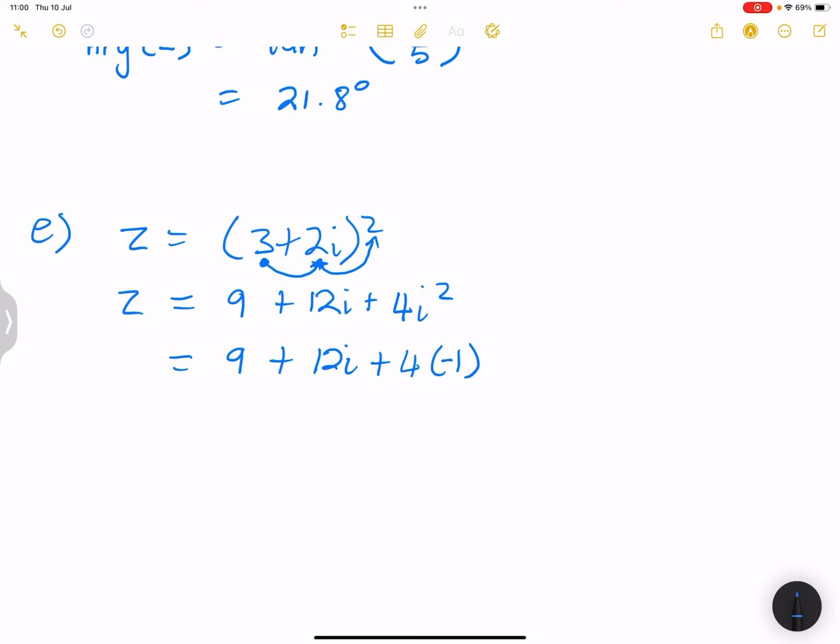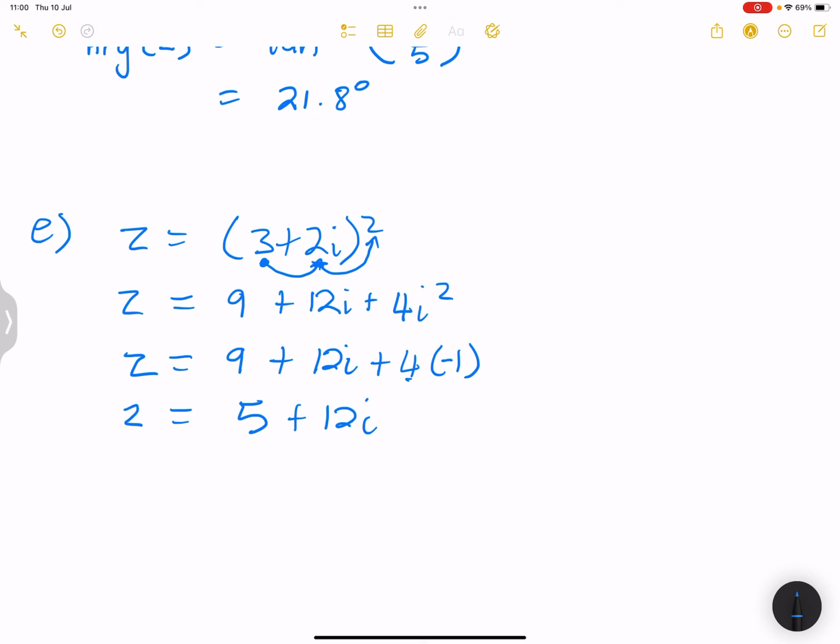If you don't know that, please go back to our videos on multiplication of complex numbers, which will tell you why that is the case. So that will be 9, and 4 times -1 gives us -4. So 9 minus 4 gives us 5 plus 12i.